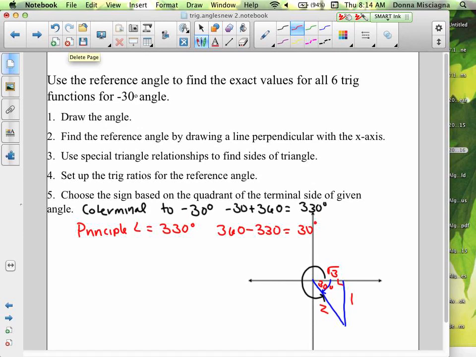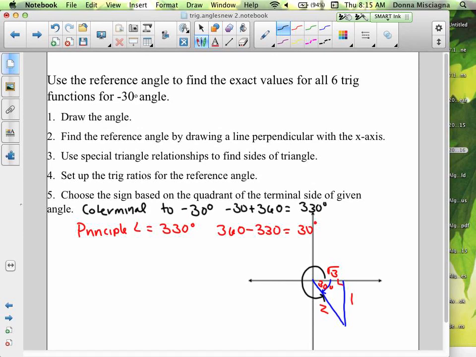So now we have our triangle all labeled up, and so now we can find our trig ratios. Right? So now we're all the way up to steps 4 and 5. I like to do step 5 here while I'm doing step 4, and that is I like to make sure that I have the right signs on the values.